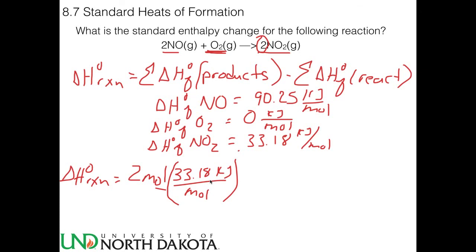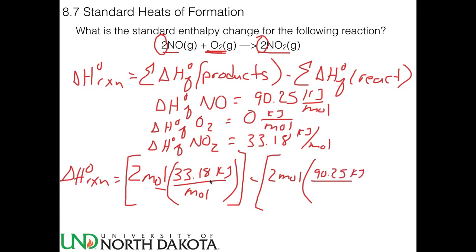That is our one product. And then from that, we subtract our delta H naught sub F of the reactants. We will multiply 2 moles, which is our coefficient in front of NO, by the delta H naught sub F of NO, which is 90.25 kilojoules per mole. And then to that we'll add our 1 mole times 0, which is the delta H naught sub F of O2. So mathematically it does not make a difference.